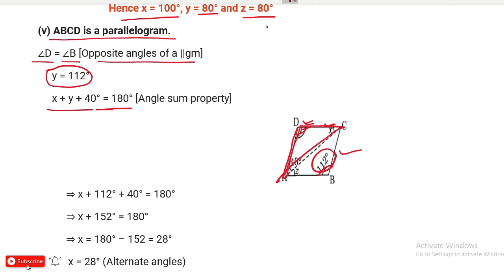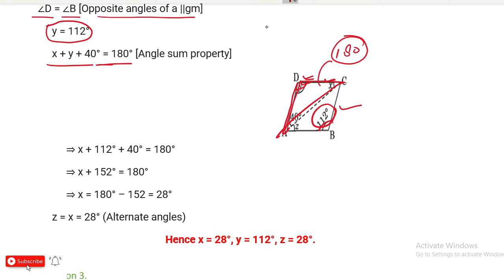In triangle ADC, we know that the sum of all angles in a triangle is equal to 180. Then we can put x plus y plus 40 is equal to 180. From here, we can find the value of x.